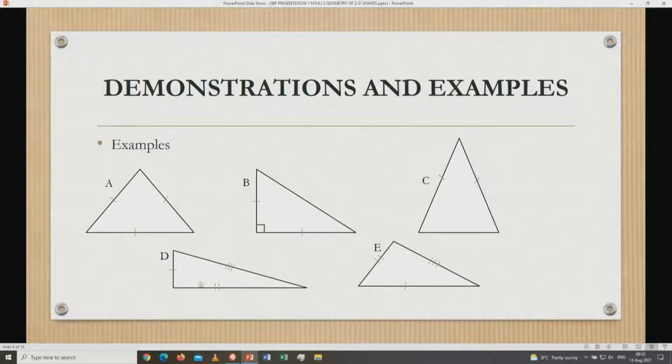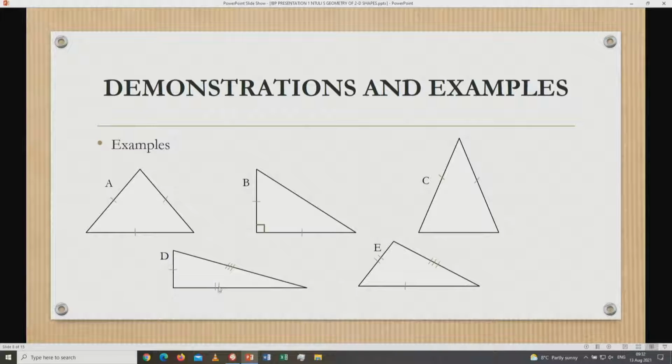Then this means the 3 markings on triangle D are not the same as the markings on triangle A. Can you see that, guys? Just be careful there. On triangle A, there are 1, 1, 1 markings, one on each side. But on triangle D, on this side there is only 1 marking.